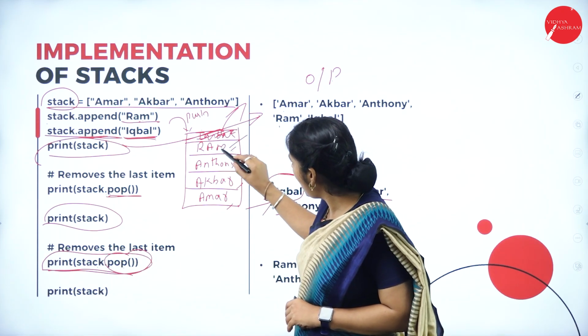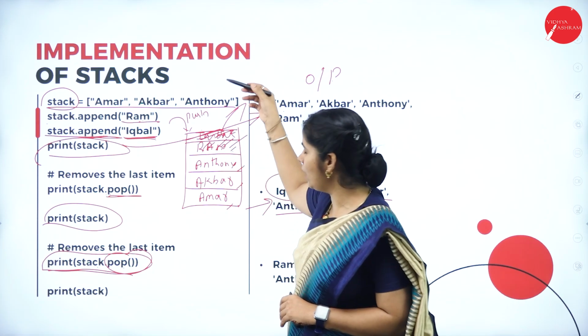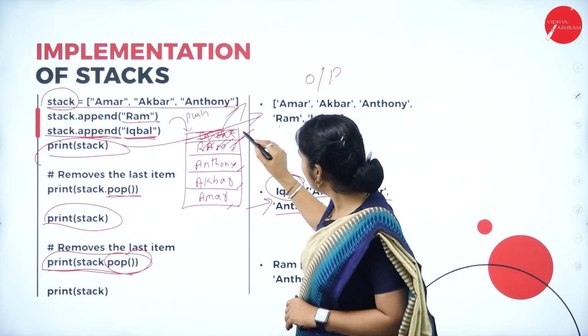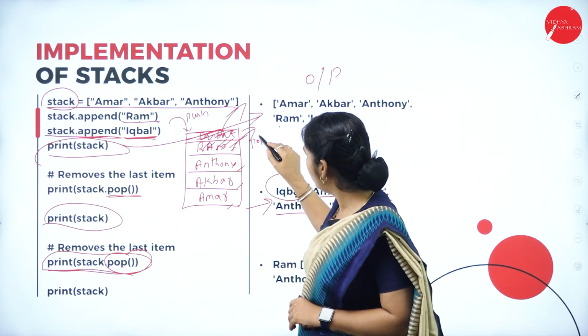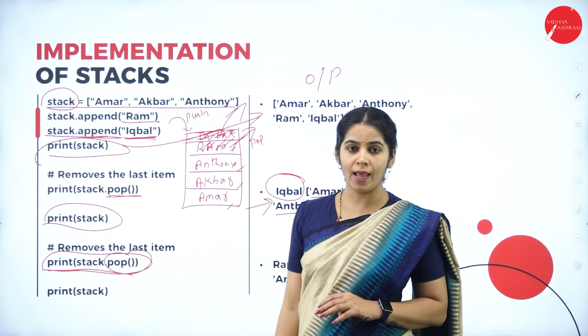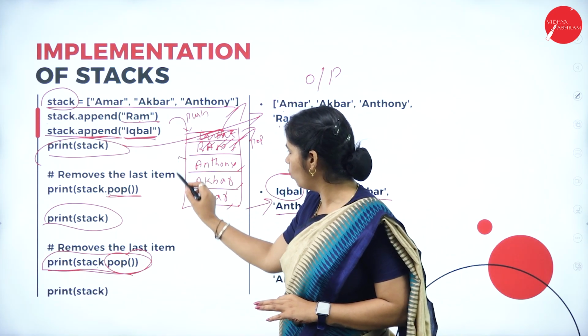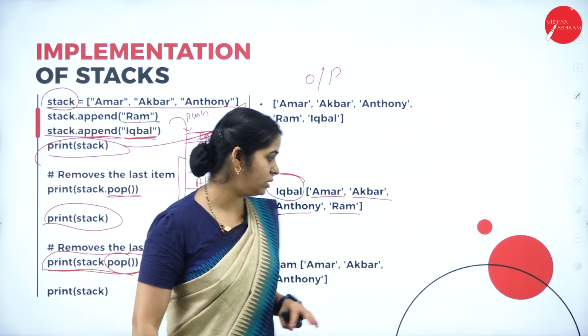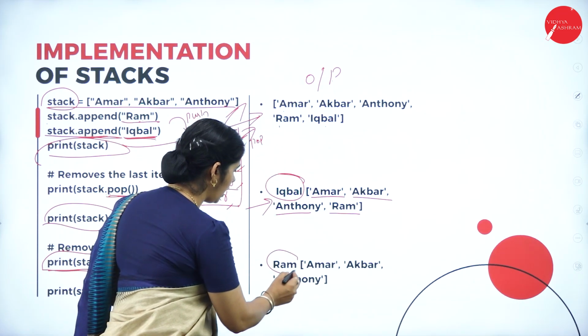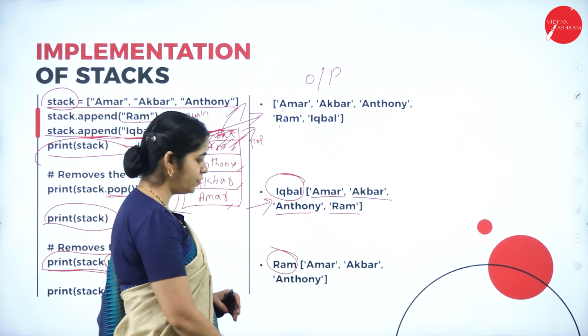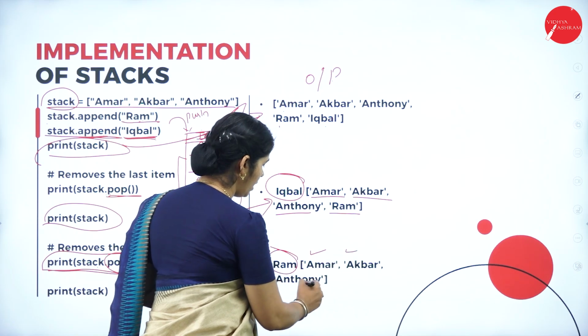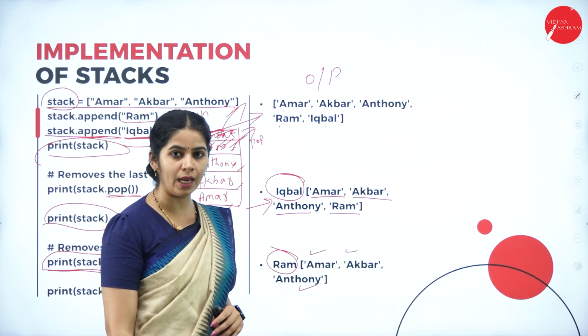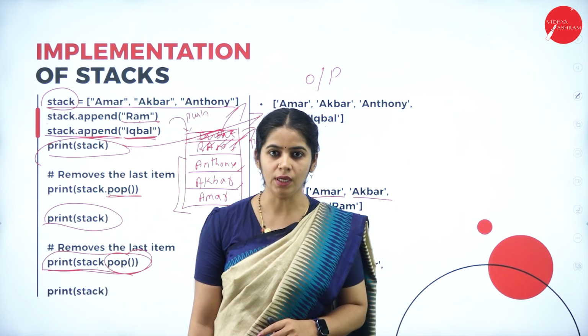Now this Ram will be removed because Iqbal is already removed. Now what elements do I have in the stack? I have only the 3 elements within the stack. Now here you can see Ram is popped out of the list. Amar, Akbar and Anthony will be displayed as the elements of the list.